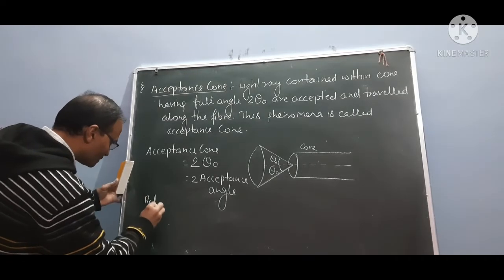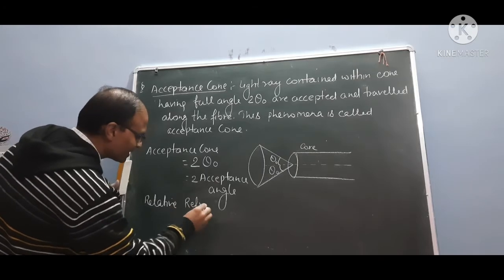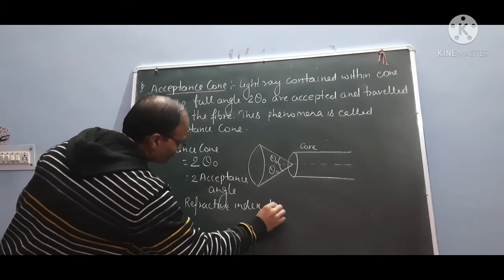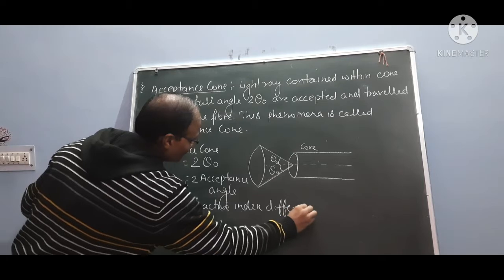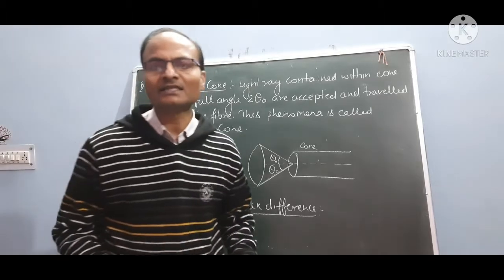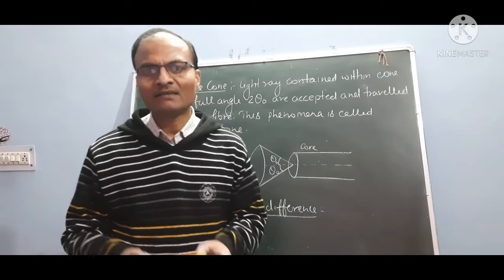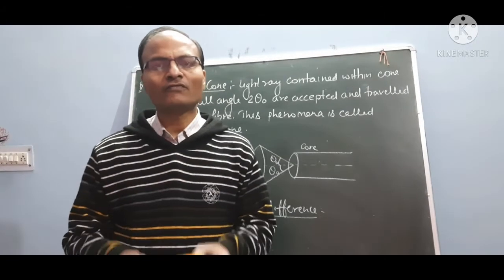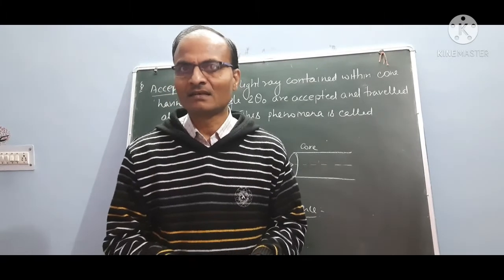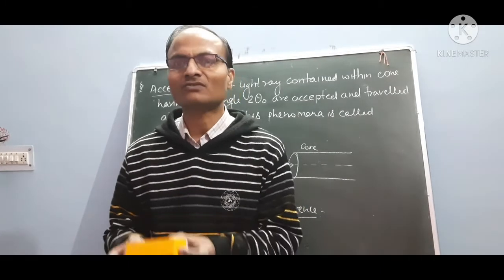Relative refractive index difference. It is the ratio, defined as the difference between refractive index of core and cladding to the refractive index of core.